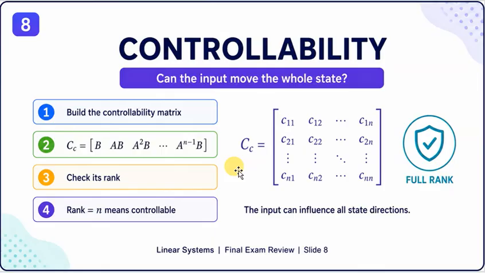To answer this, we build a controllability matrix, which is actually the Greek letter C, using matrices B and A. If this matrix has full rank, which means the rank is equal to n, then yes, the system is fully controllable.